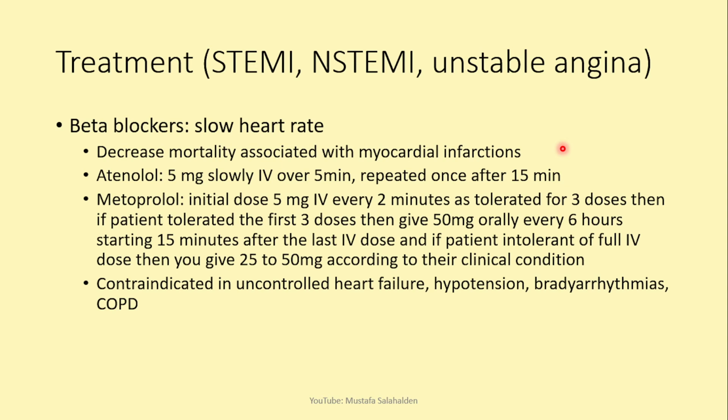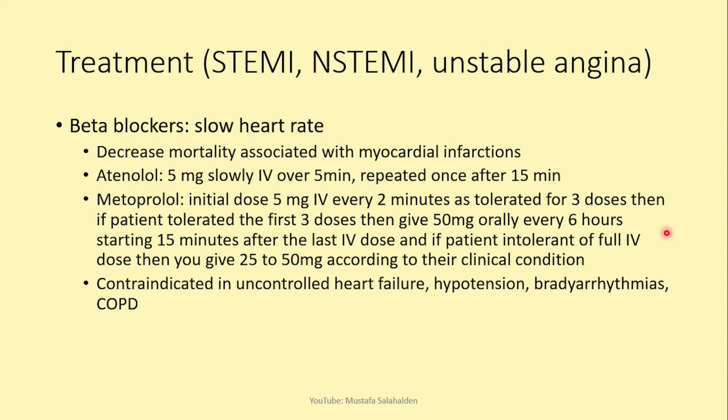And you're thinking atenolol, 5 milligrams slowly intravenous over 5 minutes, and you repeat it once after 15 minutes. And the other option is the metoprolol, which is an initial dose of 5 milligrams IV every 2 minutes as tolerated for 3 doses.